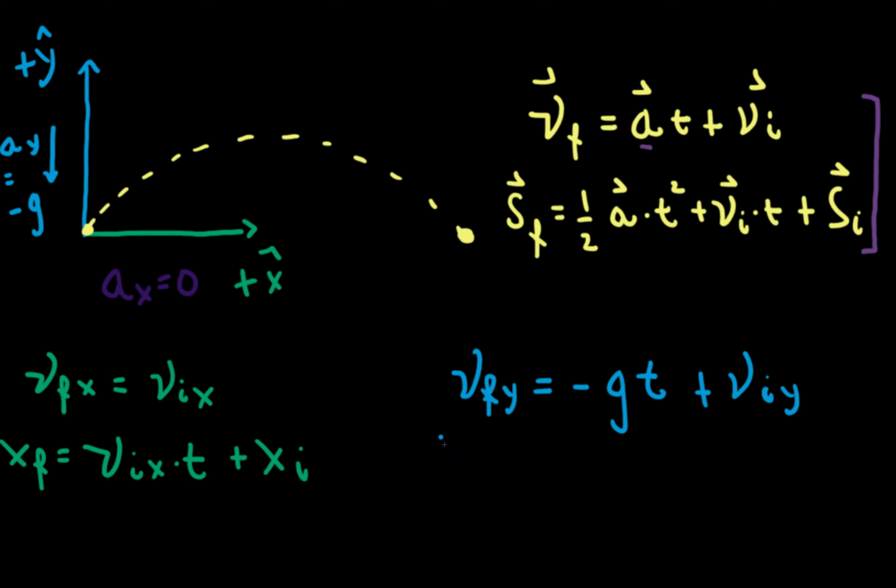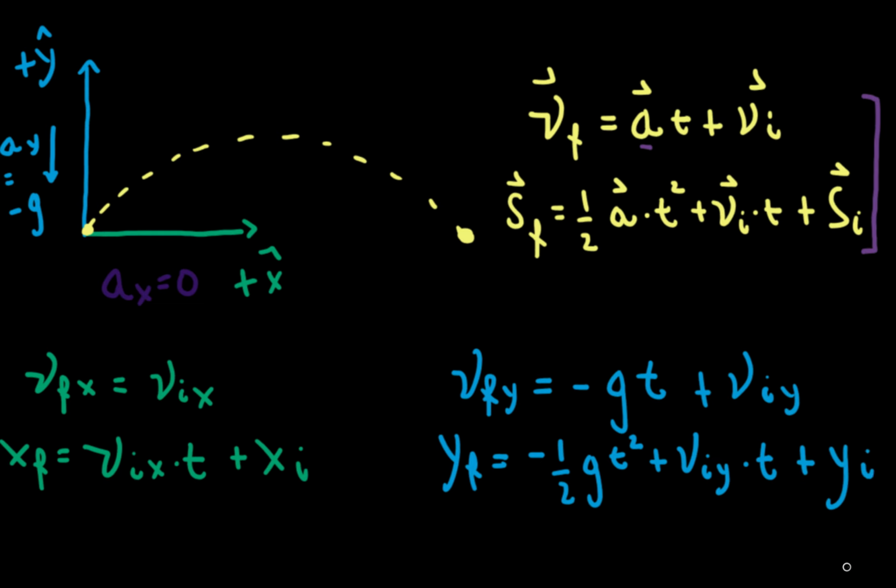So y final equals, now we have an acceleration, it's minus 1/2 g t squared plus the velocity initial in the y times the time plus y initial. Meaning that if your initial position had some coordinate, then you could insert that in there.